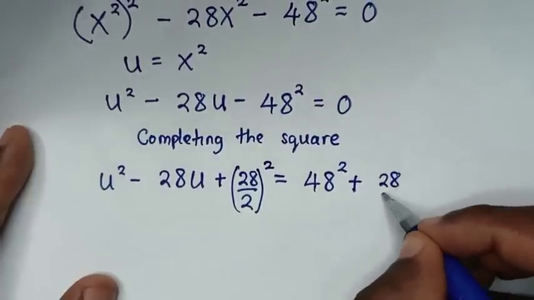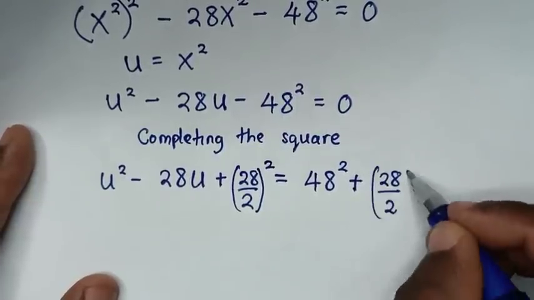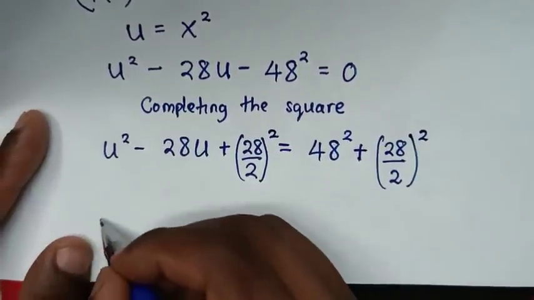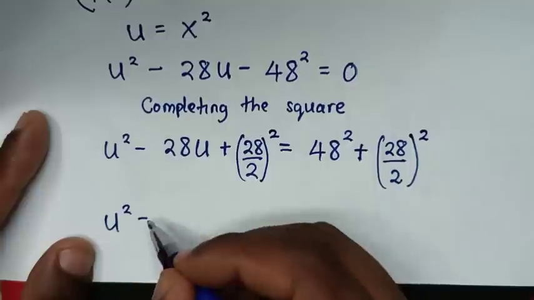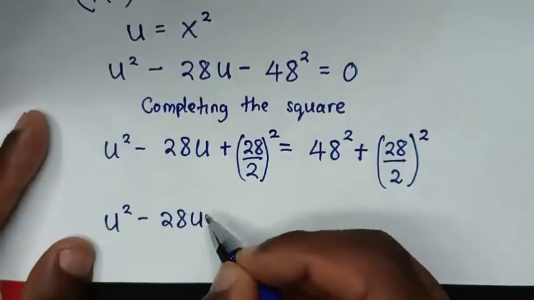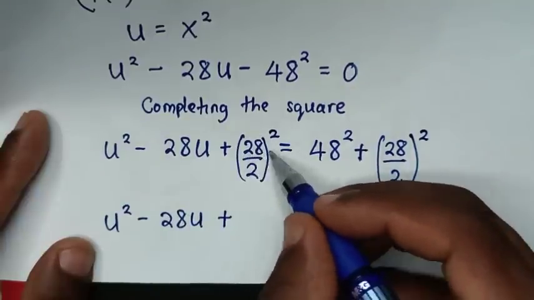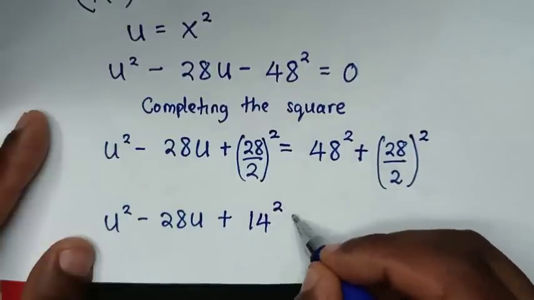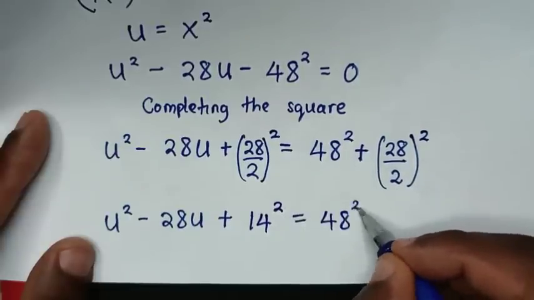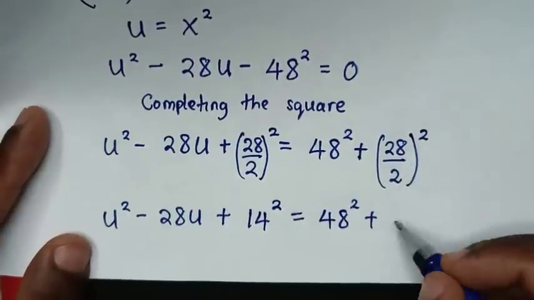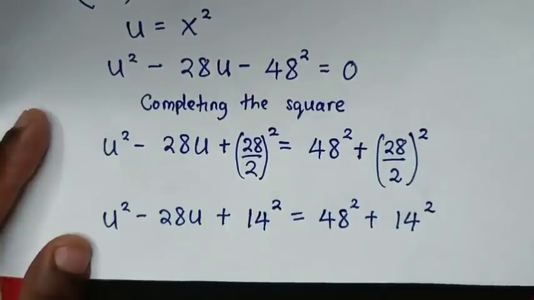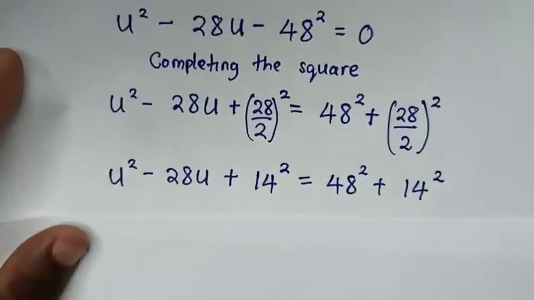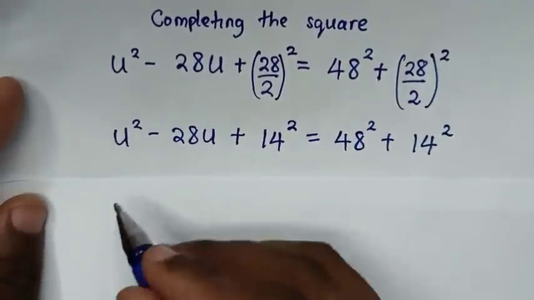Then in the next step, it will be u squared minus 28u, then plus, 28 divided by 2 is 14, so it will be 14 squared, is equal to 48 squared plus this, 14 squared.